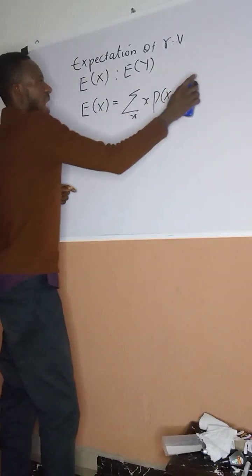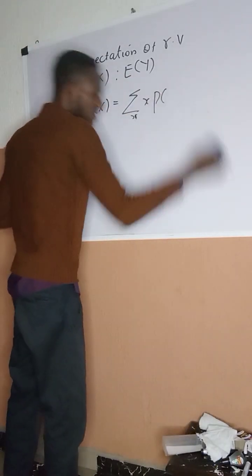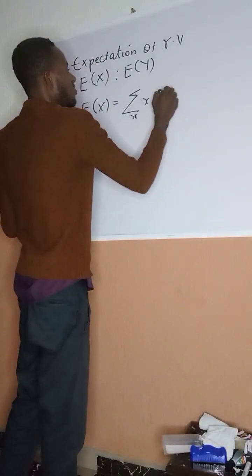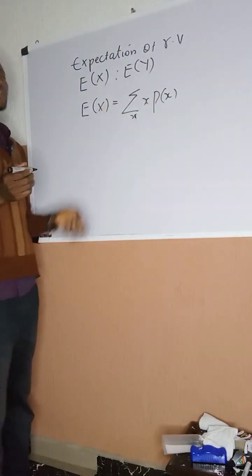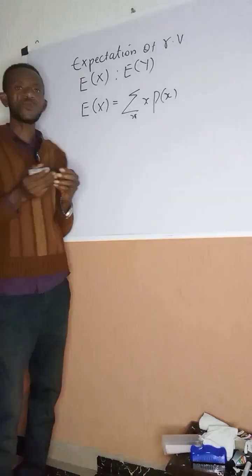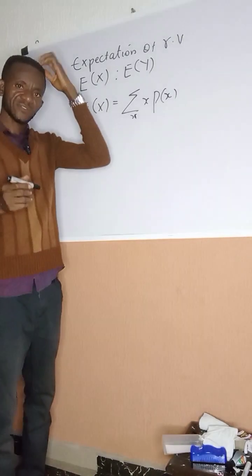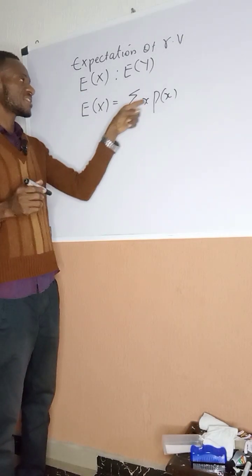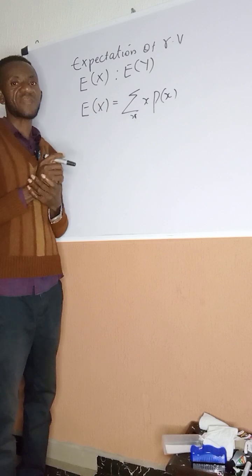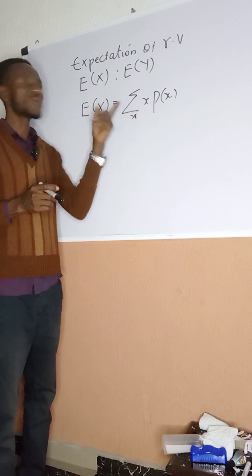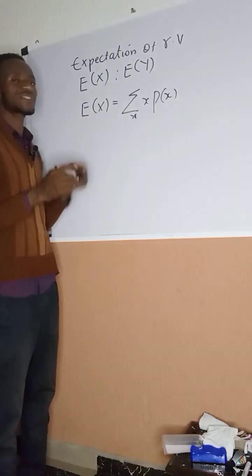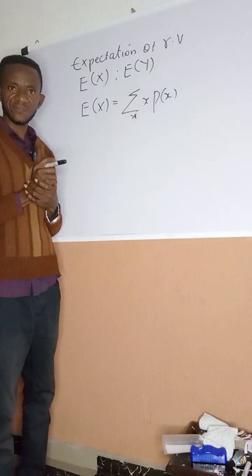Let me be using what I used in our previous class, P of x, even though they mean the same thing, where this P of x is the probability mass function, and this x is the value of the random variable. This is so when this random variable X is discrete.